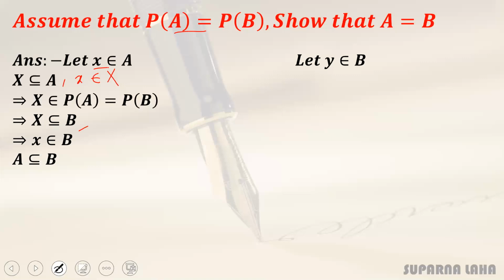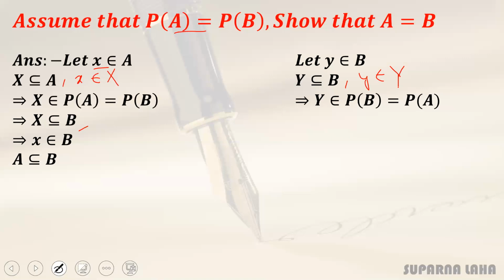So in a similar manner, take y in B. That means there exists a set capital Y such that y is an element of this capital Y set. And since it's a subset of B, capital Y is an element of the power set of B, since the collection of the subsets is the element of this power set.